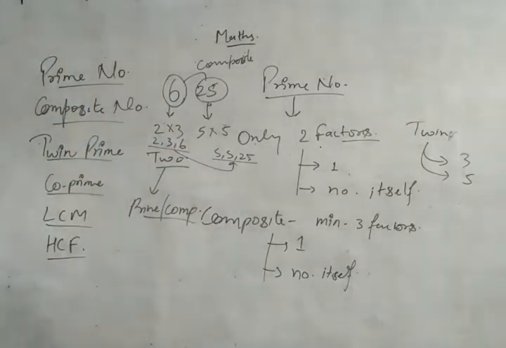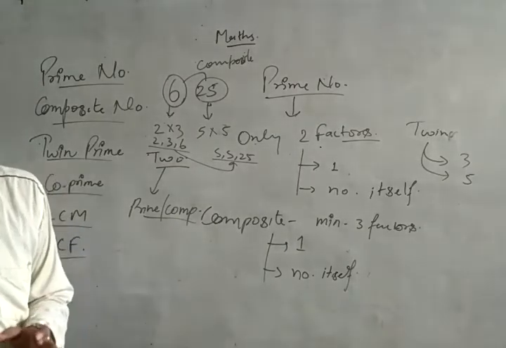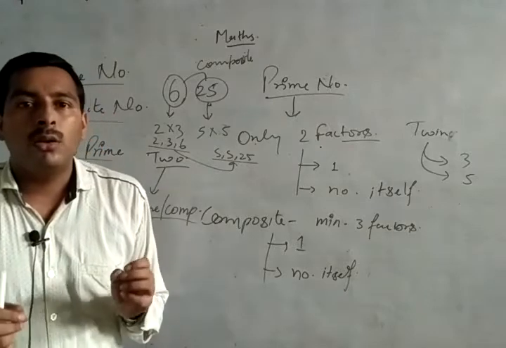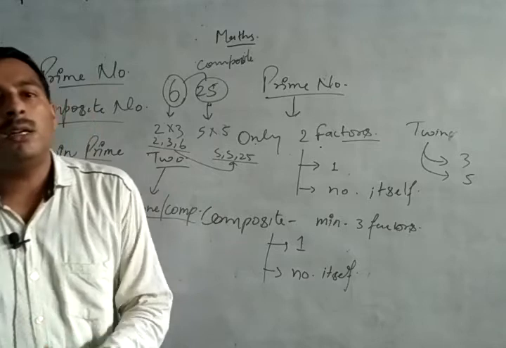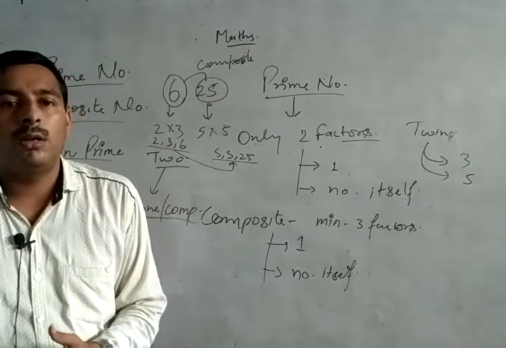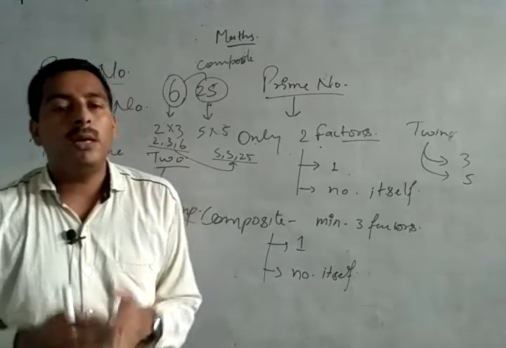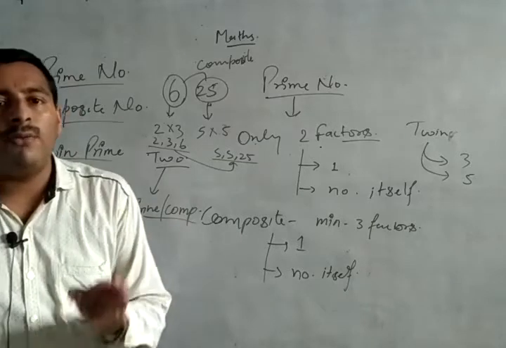So co-prime numbers are those numbers in which there is no common factor among them. Whether these numbers are prime or not doesn't matter, but there should not be any common factor among these numbers.